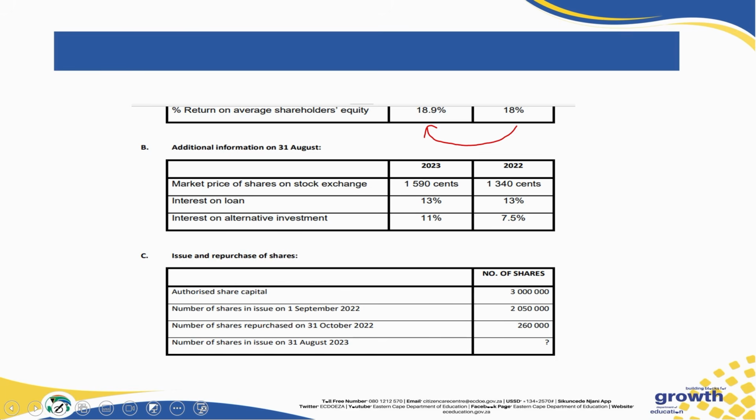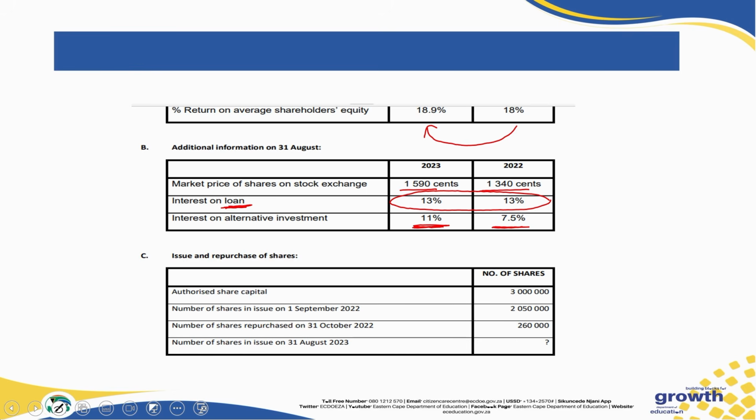So with these shares, the market price has also increased from 1340 to 1590. The interest on the loan has remained the same at 13%, and we're going to need that information shortly. And then interest on an alternative investment. Last year it was 7.5%. This year it's 11%. And again, we're going to see that information shortly.